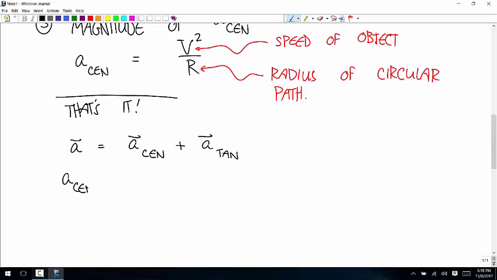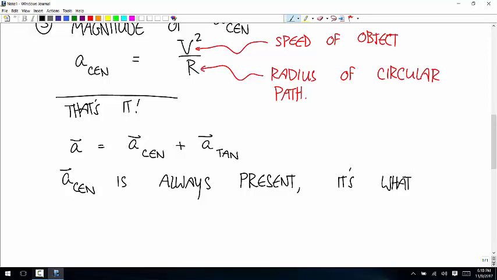A centripetal is always present. You can think of that as the acceleration that's required to make something move in a circle, because that's the one that makes it turn.